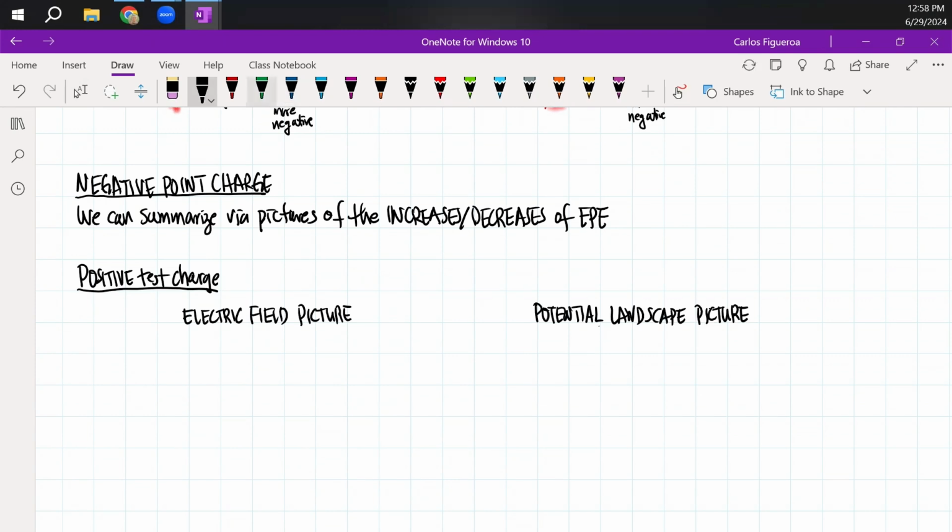So I have a negative charge, right? Here's my negative charge, and what I know is that it has a field that points inwards. On the other hand, we have a negative potential here.